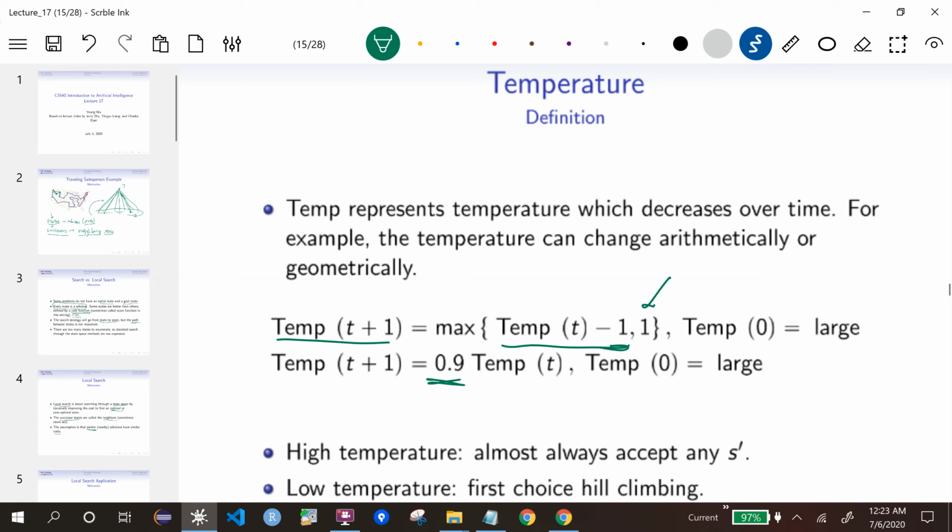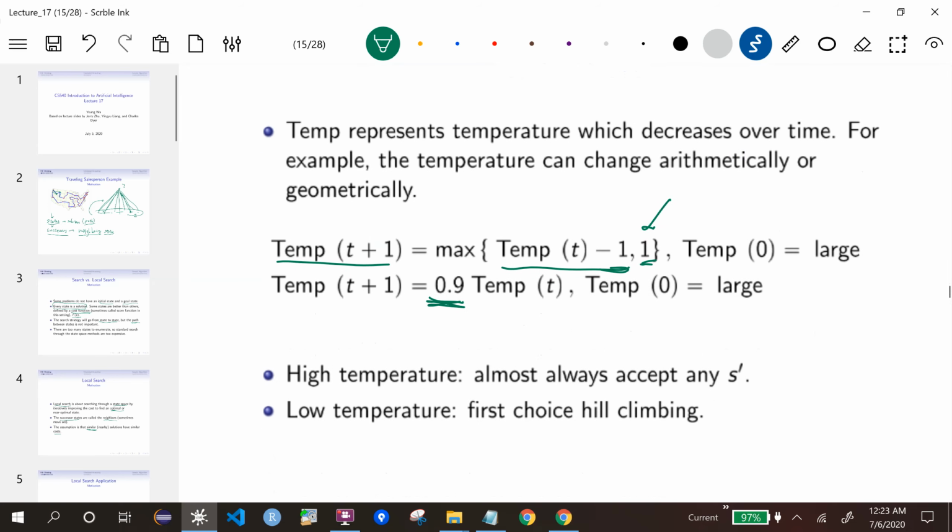So the problem with this is at the end, when the temperature becomes say 1, then we can no longer further decrease it. So that may be good, that may not be good. And here we can just keep decreasing it, and it's getting smaller and smaller, but it never reaches 0.